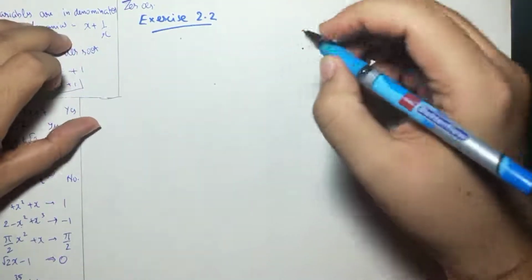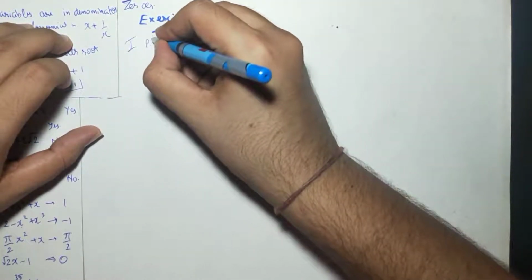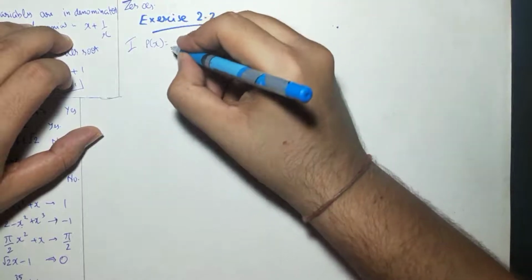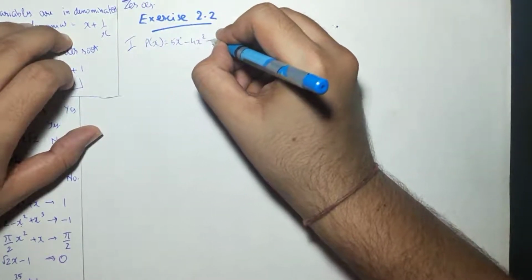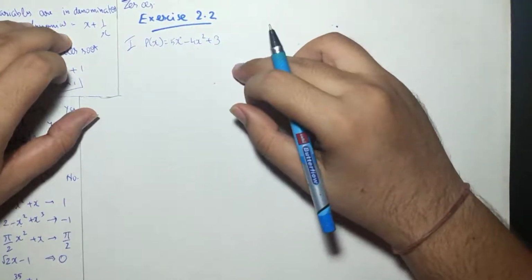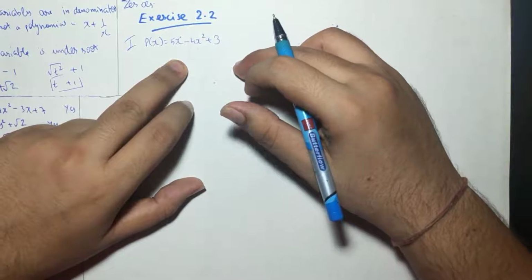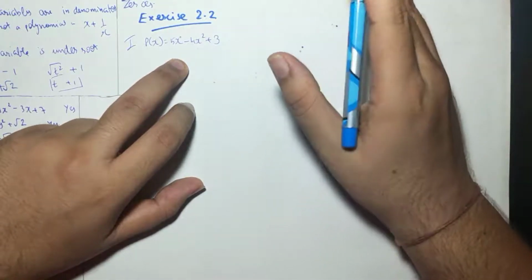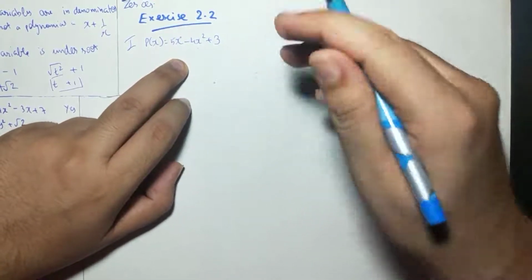In the first question of exercise 2.2, a polynomial is given to us, p of x as 5x minus 4x square plus 3. This is the polynomial given to us. I am rearranging it. It's okay if you don't rearrange it, but if you have the habit to rearrange, that is very good.